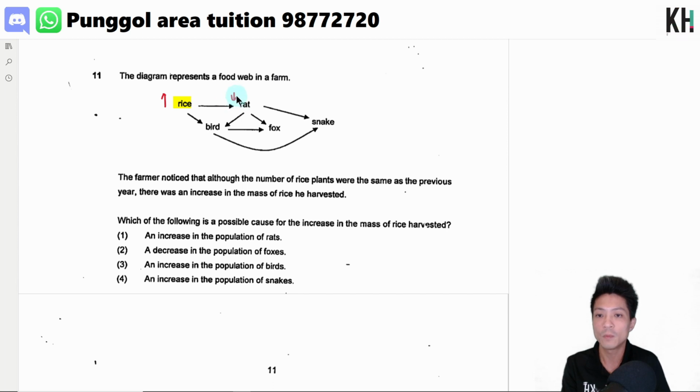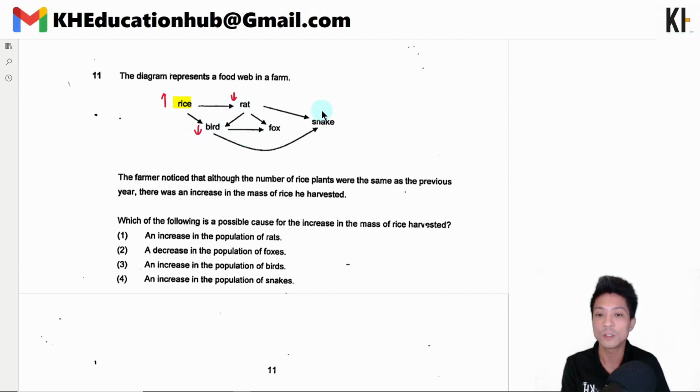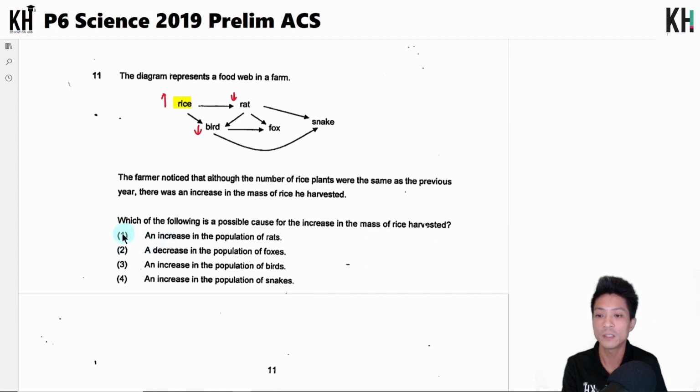We probably want the rat and the bird to decrease, and the only way to decrease it is probably we want to increase the predators or introduce some other form of predators. So let's check the options. Number 1, an increase in the population of the rats, wrong, because that would decrease the rice.